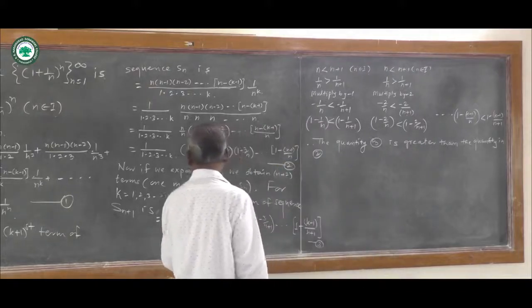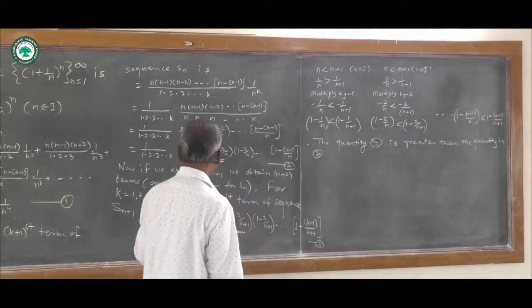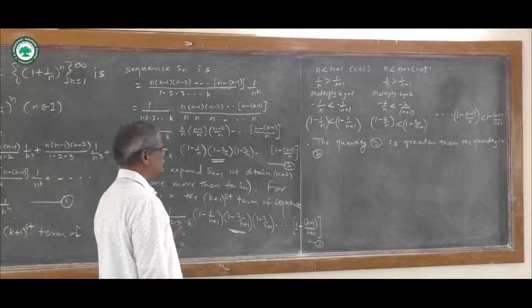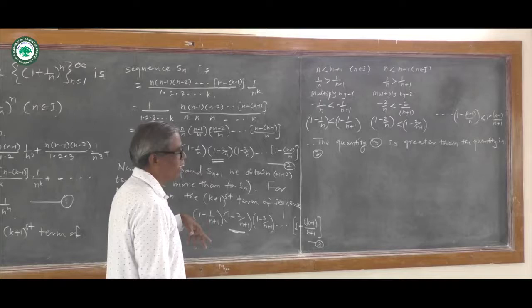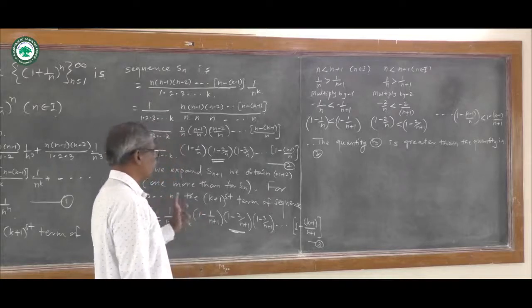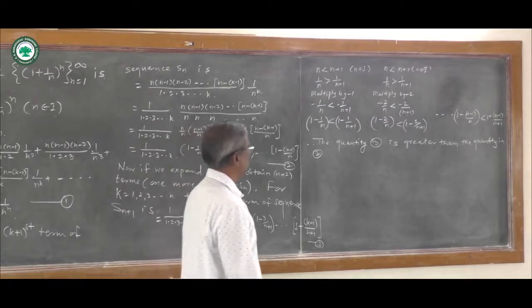This means the k plus first term of Sn plus 1 is greater than the k plus first term of Sn. Also, Sn plus 1 contains one more term.